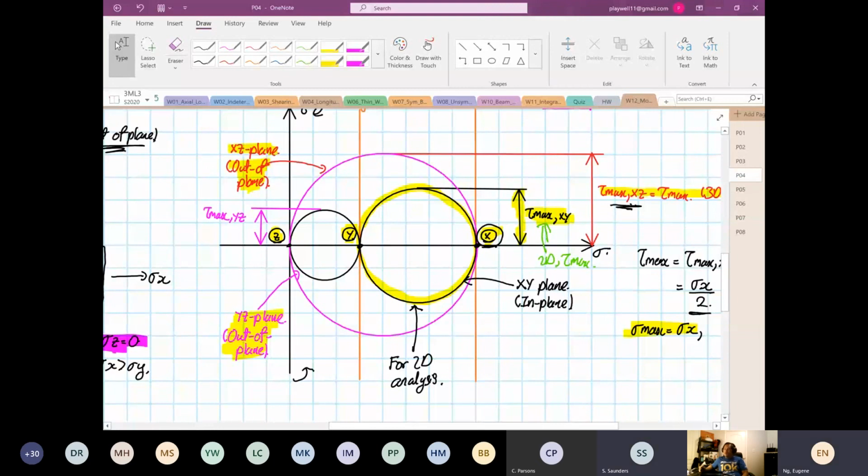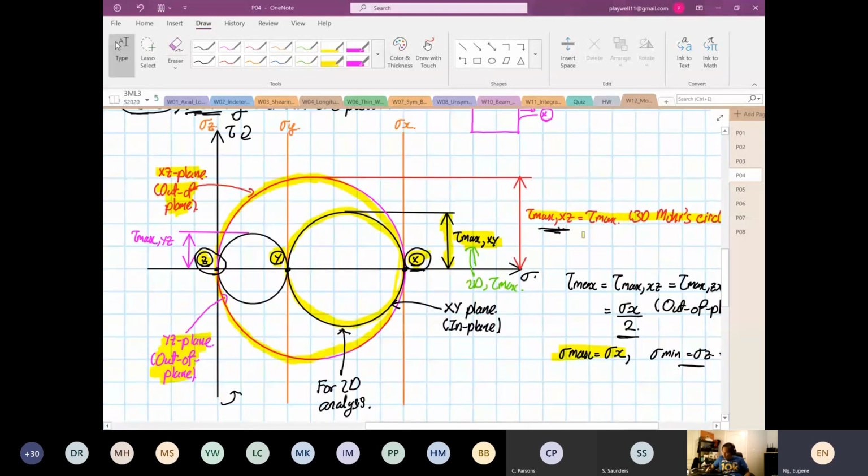So now when we consider the third point, which is the Z point, then we are able to construct the circle in pink, which I'm highlighting now. Then we have the actual tau max.